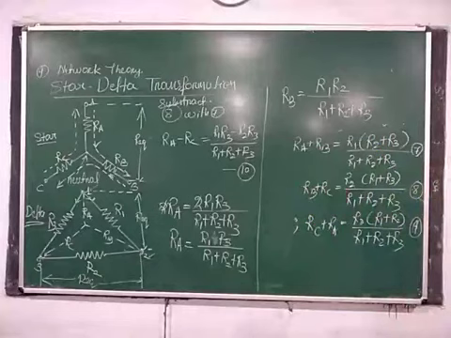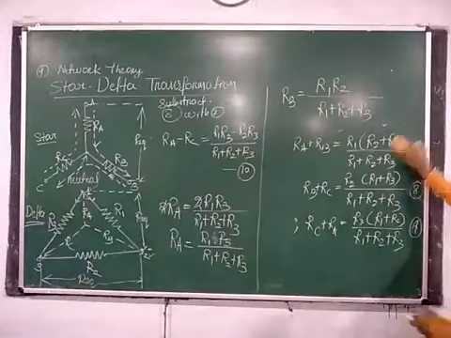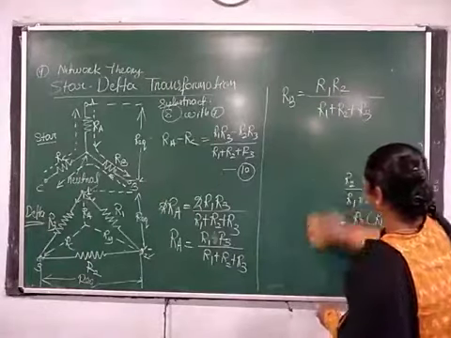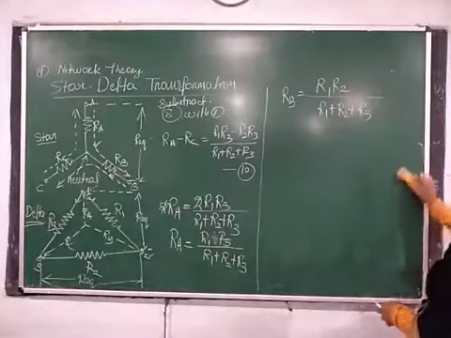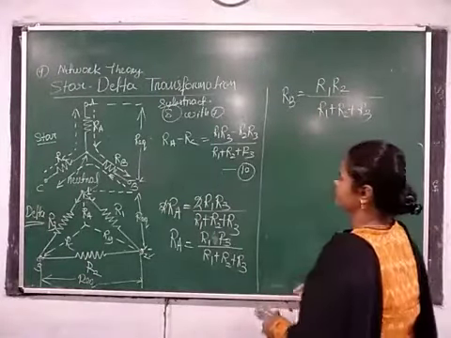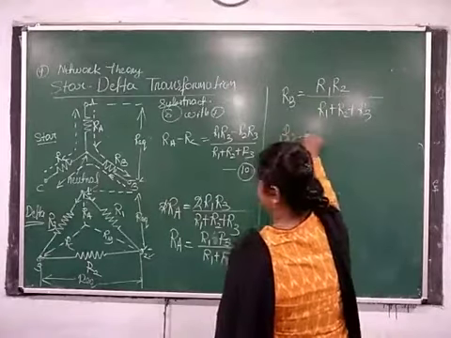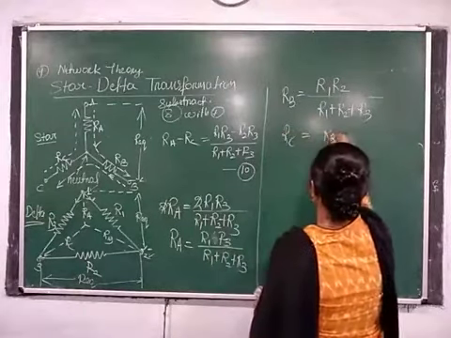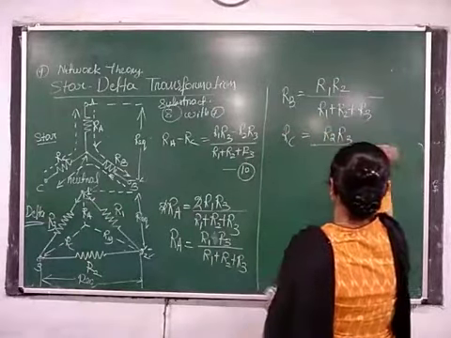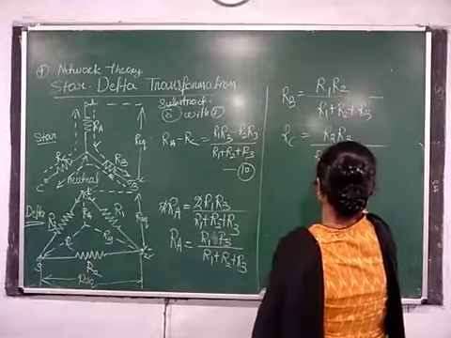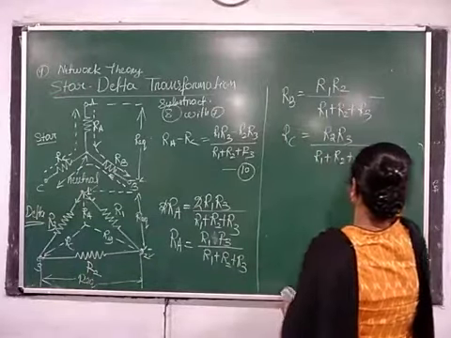Clear? Similarly, you get the value of RC: R2 R3 divided by R1 plus R2 plus R3.